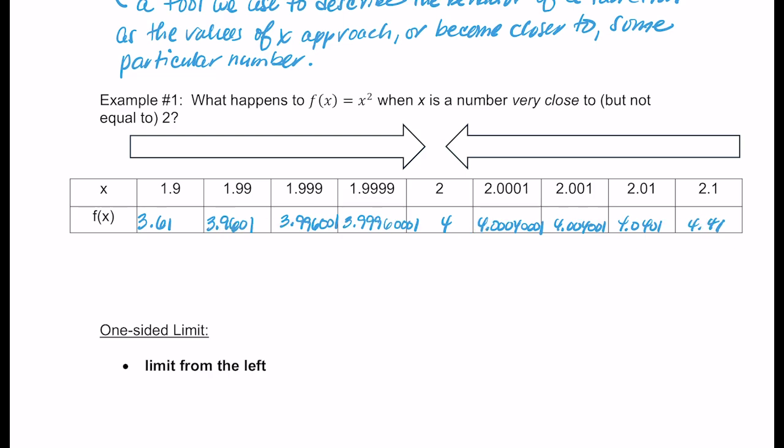Which is not surprising because when x equals 2, f of x equals x squared is 4 because 2 squared gives you 4. So what we say here is the limit, and the abbreviation for limit is LIM, of the function f of x as x approaches 2 is equal to 4. Okay, and I'll write that out for you so you can get used to the wording.